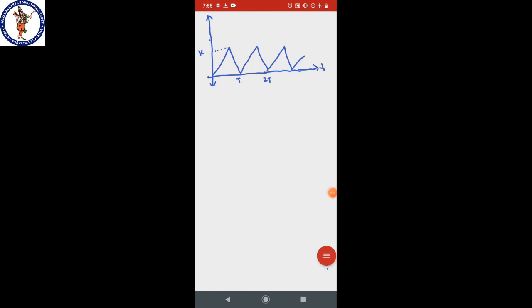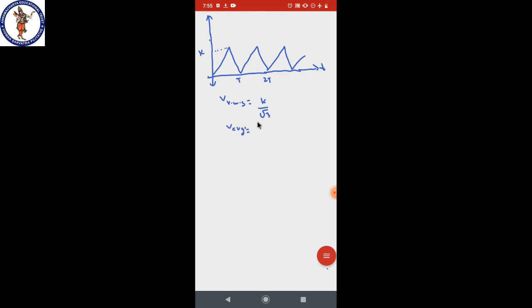Next, the triangular waveform, the triangular full waveform. What is the Vrms value? First of all, the peak maximum will be K. Now Vrms equal to K by root 3.